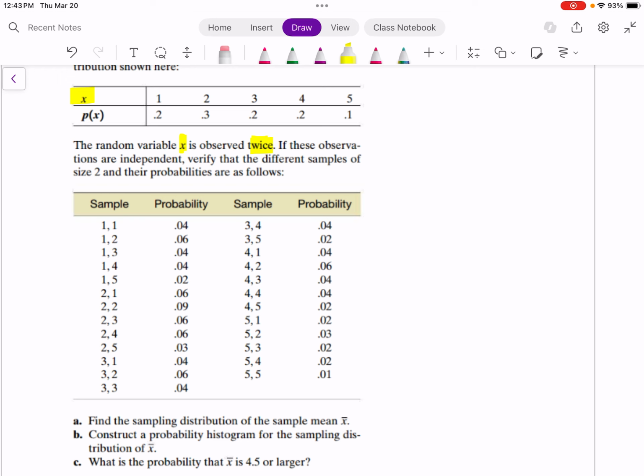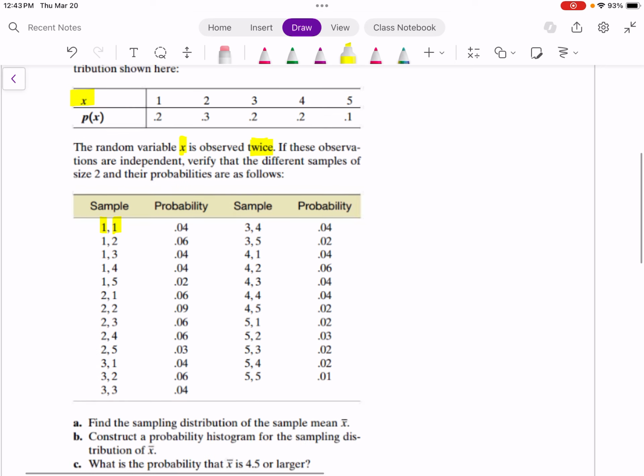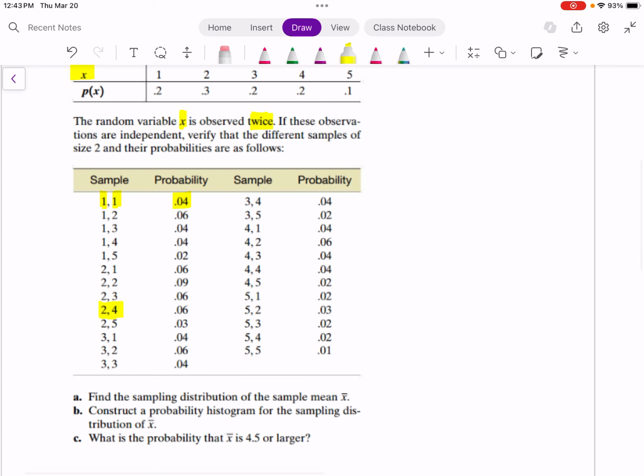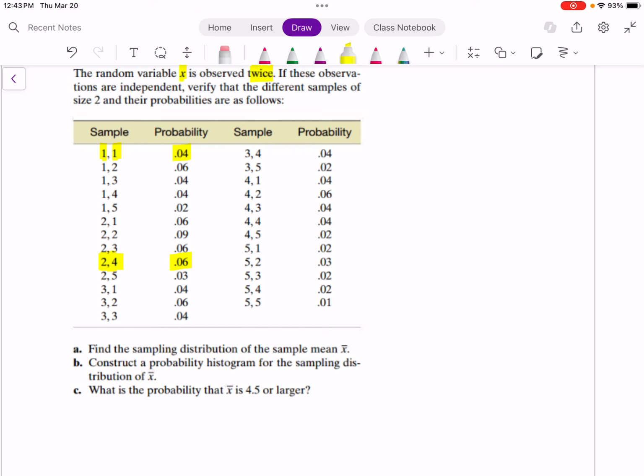At first you observe 1, and you observe 1 second, with probability 0.04. For 2, 4, you observe 2 first and 4 second, and that probability is 0.06. In a similar way, for 5, 3, we observe 5 first, then 3 second, and the probability is 0.02. That's what is given to us.